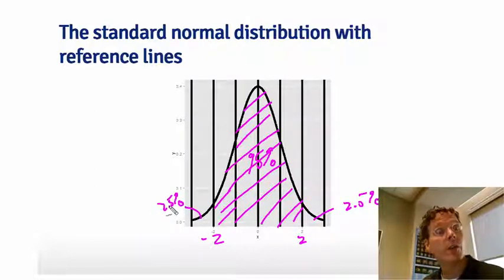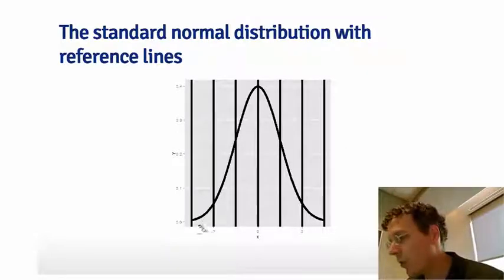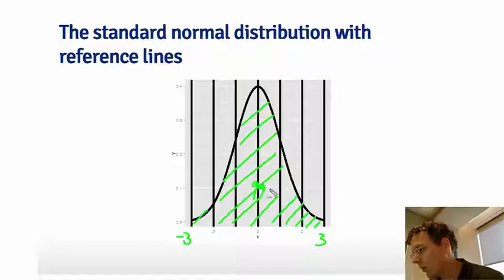We'll use that frequently when we talk about confidence intervals. Now let's look at three standard deviations from the mean. That area is about 99% of the mass. Oh, that's hard to read, but it's about 99% of the mass.